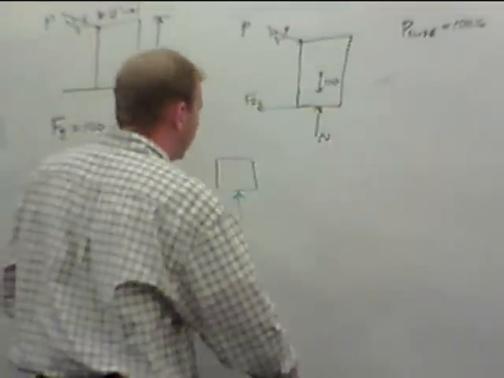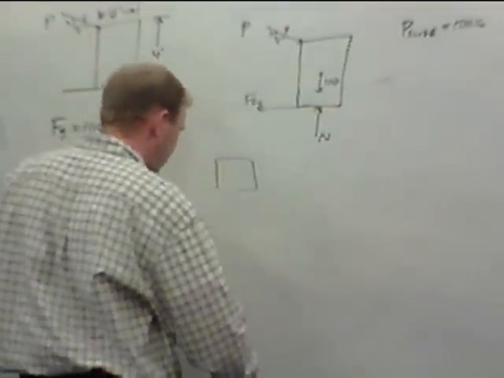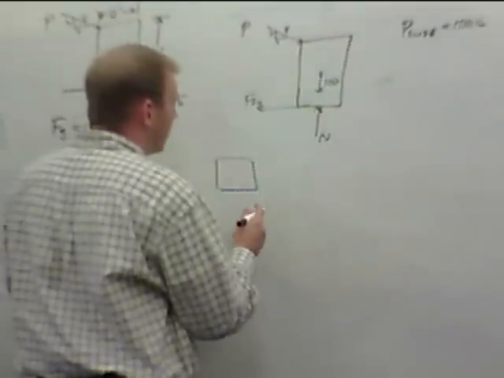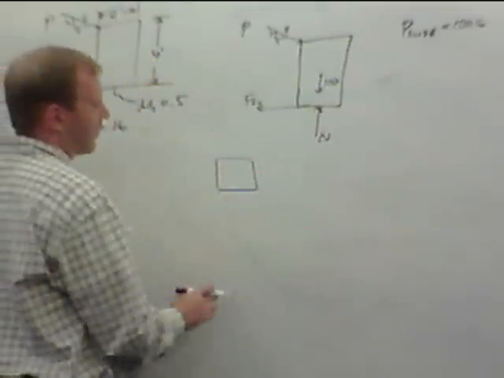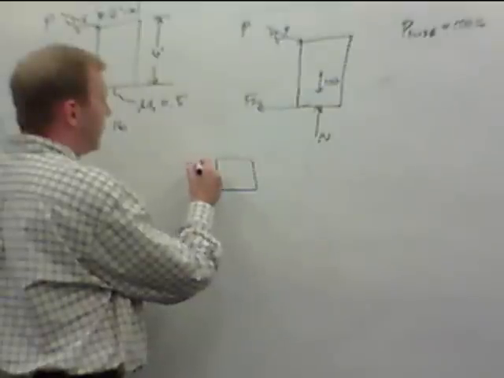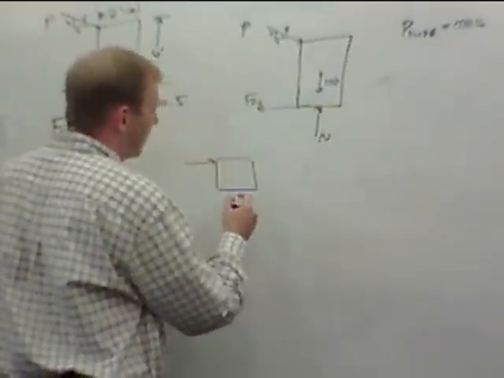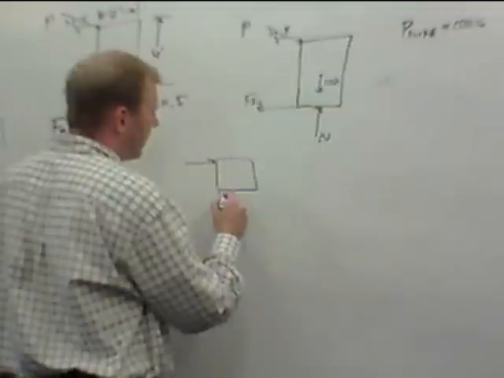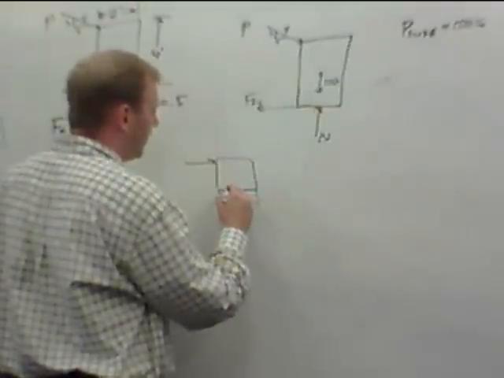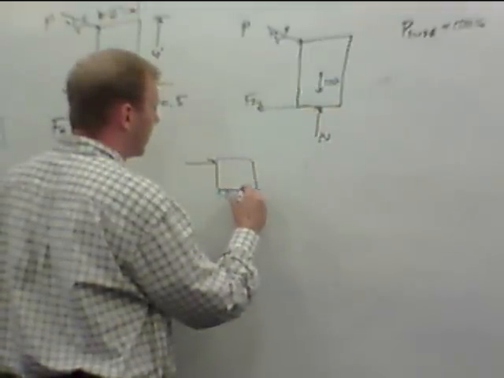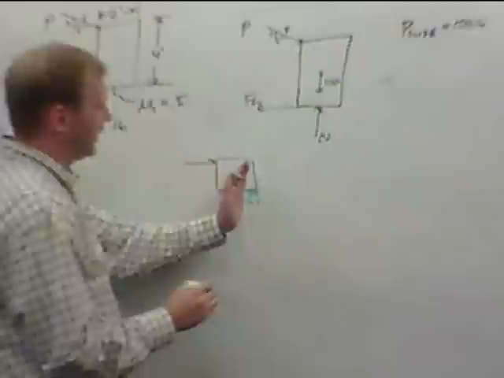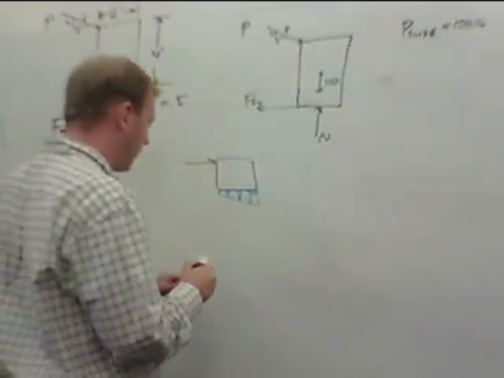The problem is that assumes the block is being held up evenly across the bottom. As we push on the top and this thing starts to want to tip, this distributed load starts not looking so even. We get a lot more of the weight being pushed on that leading edge, to the point where it actually starts to tip over.